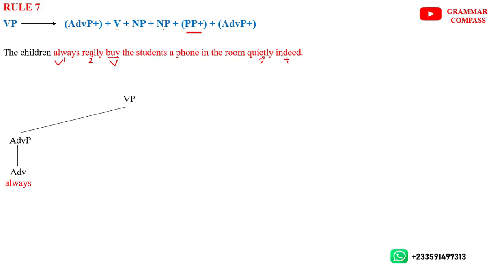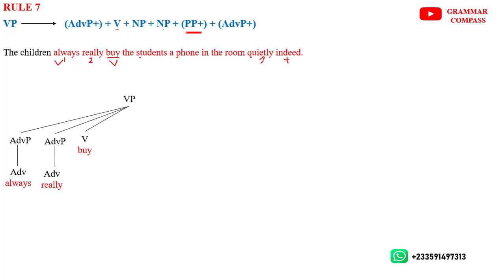Secondly, we have another adverb phrase. This adverb phrase consists of one word adverb, that is really. If we move on, we have our head word, that is buy. So we draw our branch and represent our head word, that is buy. Now, since buy is a ditransitive verb, it means that we are going to have noun phrases after it.